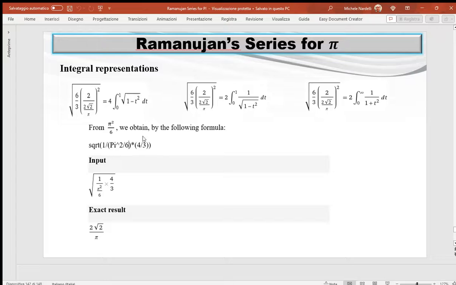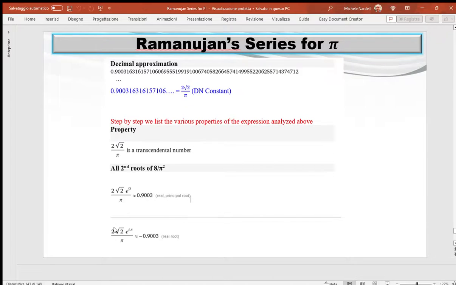Furthermore, from pi squared over 6, we obtain by the following formula, practically 1 over pi squared over 6 multiplying 4 over 3 and performing the square root of this expression, we obtain another result that is 2 root of 2 over pi, practically the Del Gaudio-Ardeli constant, the n constant, 2 multiplied by the square root of 2 over pi.